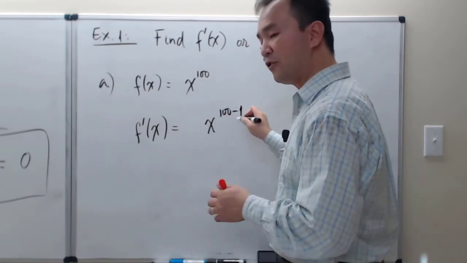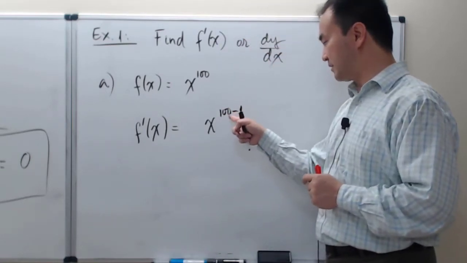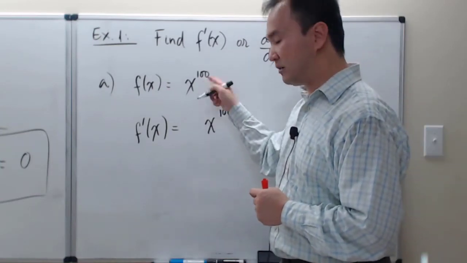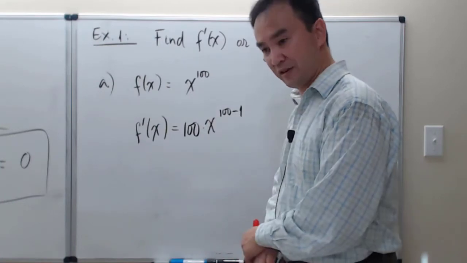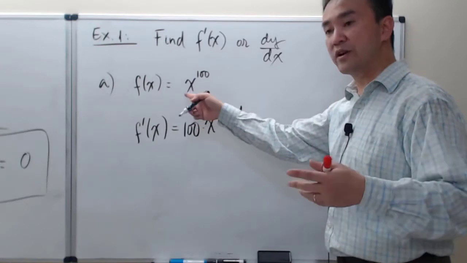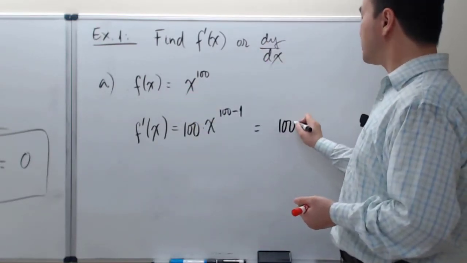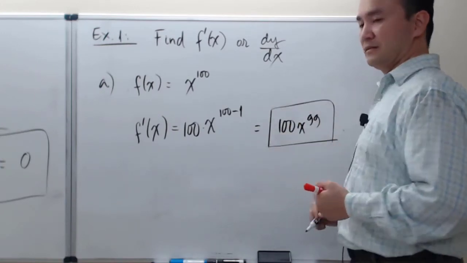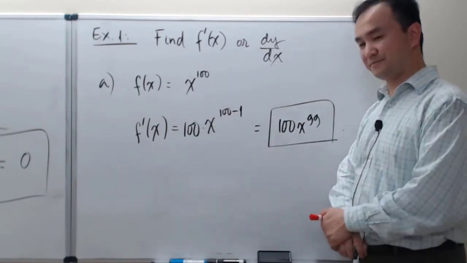For starters, I highly recommend writing the original power minus 1, and then that original power also multiplied in front as a coefficient. So your final answer for the derivative of the x to the 100th power function is 100 x to the 99th. You have found another big derivative, the derivative of something with a very high power.